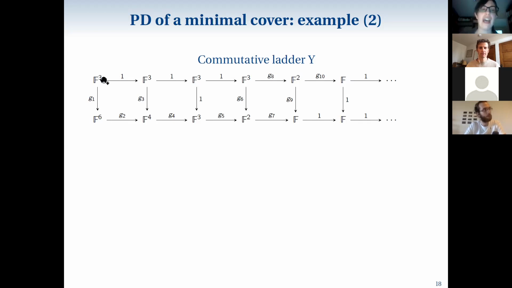Actually, this is the H0 of the less dense one, and this is H0 of the more dense one. I'm considering the map between them, and then I obtain a commutative ladder. Since a commutative ladder is one tame parametrized chain complex, I can compute the minimal cover of the whole of it.